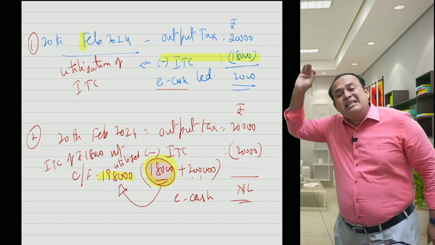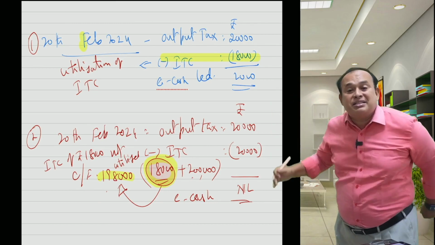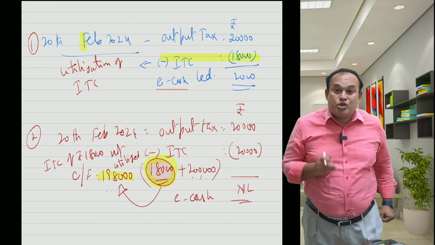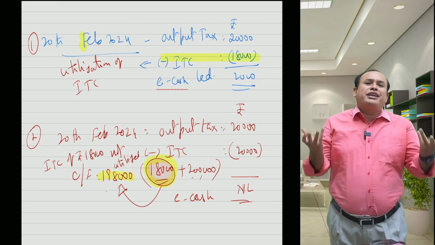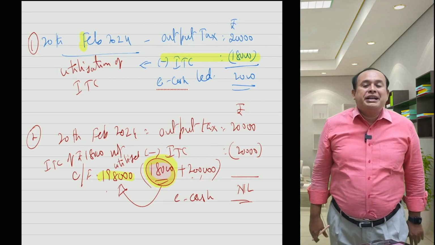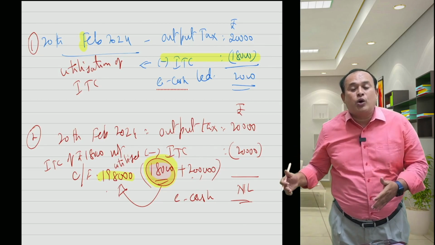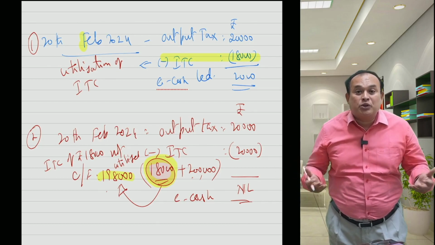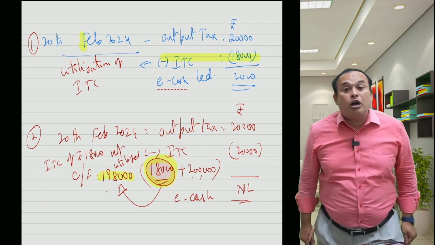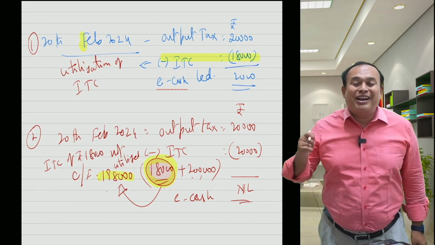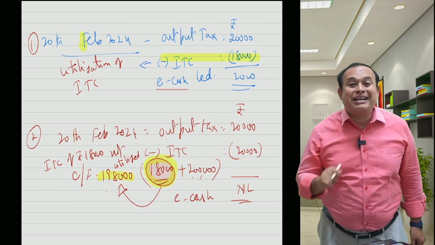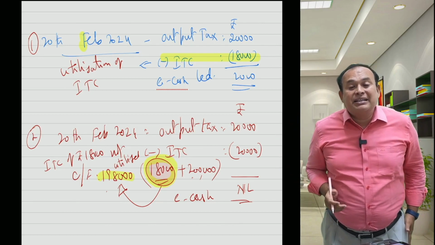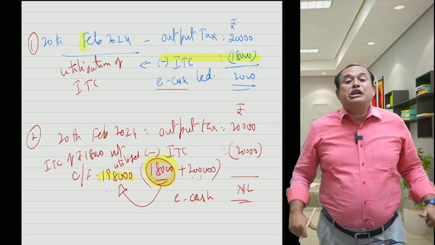If like that, till 30th November of the succeeding financial year, in all the months I have excess credit of more than 18,000 to carry forward, then there is no utilization of input tax credit. It is sufficient to pay my GST of 18,000 to the department, with no interest liability. Interest liability will come into the picture only when credit is not only wrongly availed but also wrongly utilized. What do you mean by utilization? It means my input tax credit is not there, that entire credit has been eaten away. That is called utilization of input tax credit.